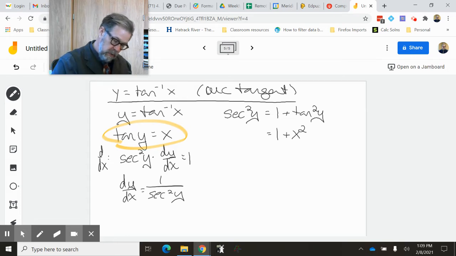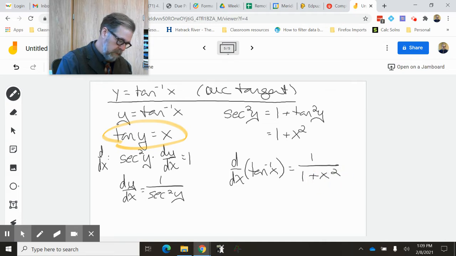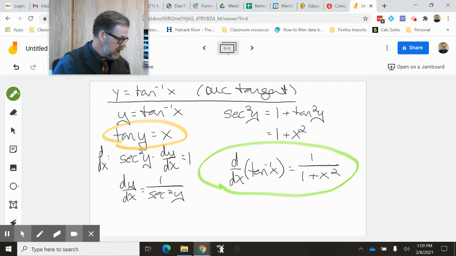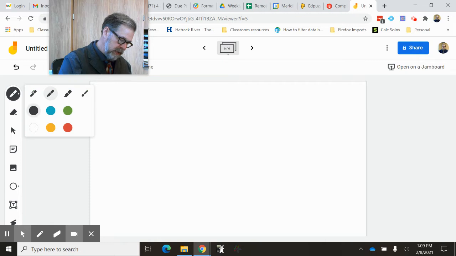And so we can rewrite the derivative with respect to x of arctangent of x as 1 over 1 plus x squared. Boom. There you are. That was an easy one. Let's do an example where we use that.